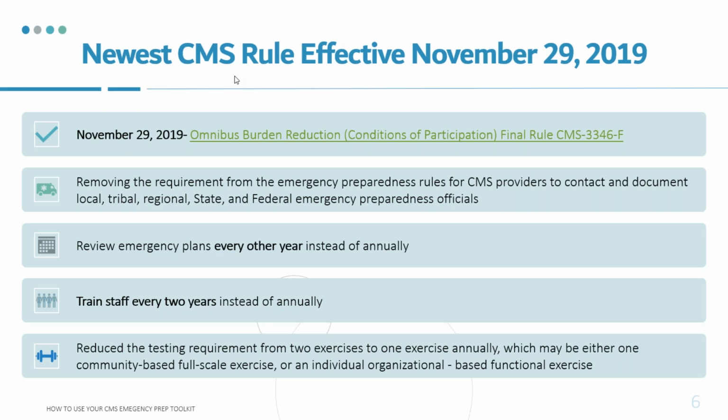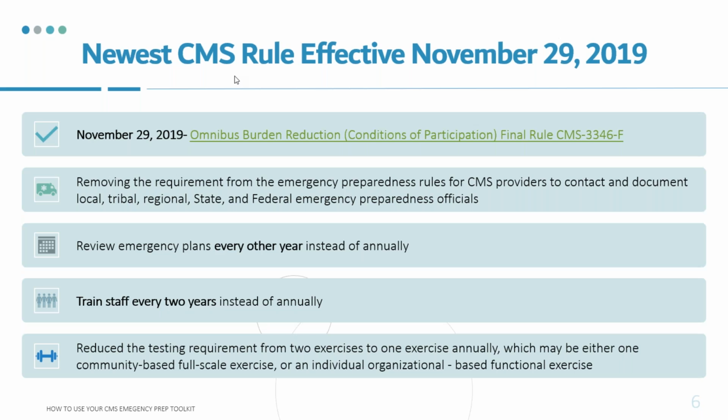Lastly, they have reduced and changed the testing requirements from 2 exercises annually to 1 exercise annually, which may be either a community-based full-scale exercise, an individual organizational functional exercise, or a full-scale exercise. So they're giving you more choice, and they're making the frequency not as intense.